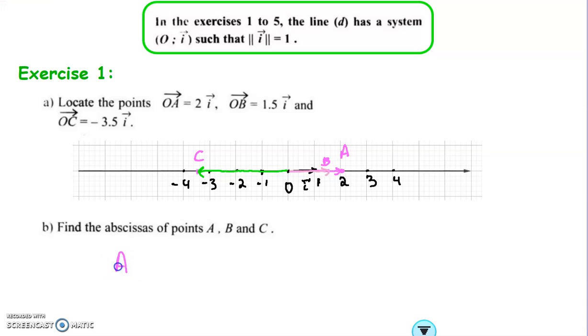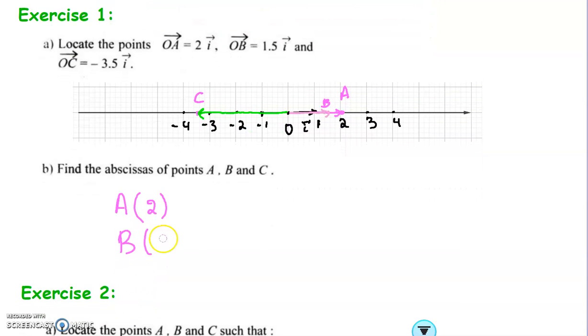A is simply 2, B has abscissa 1.5, and C has abscissa minus 3.5. So when we write A(2), it means the abscissa of A is 2, which means XA is equal to 2, XB is equal to 1.5, and XC is equal to minus 3.5.